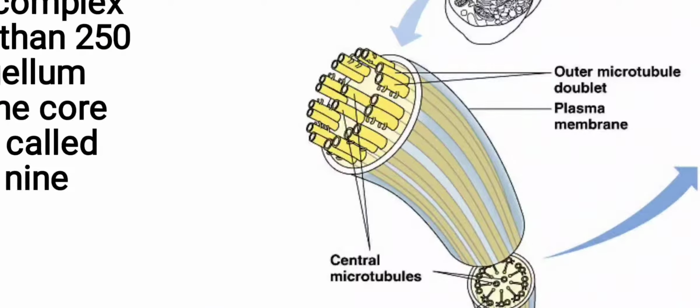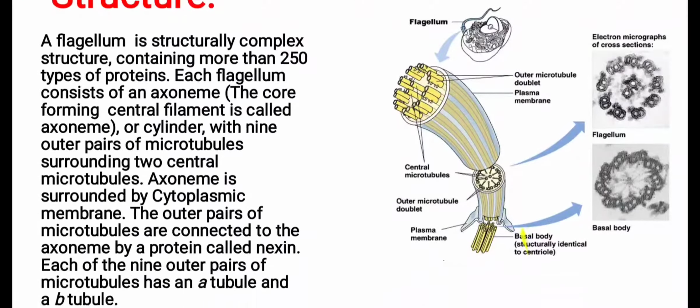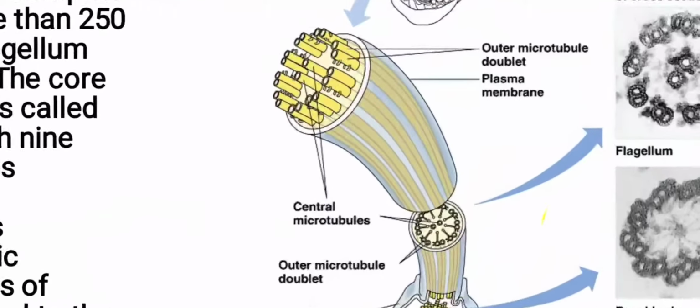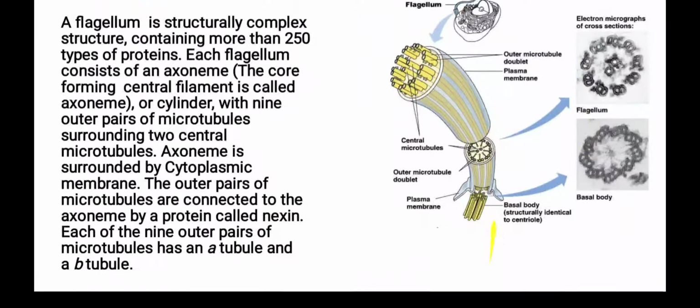Students, you can see in this image that 2 central microtubules are surrounded by the outer microtubules that are 9 in number. Axoneme is surrounded by the plasma membrane, you can see in this image.